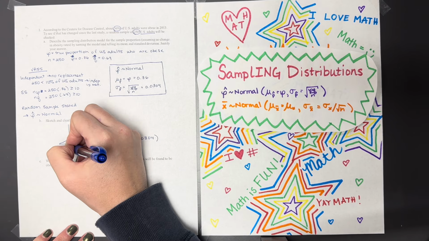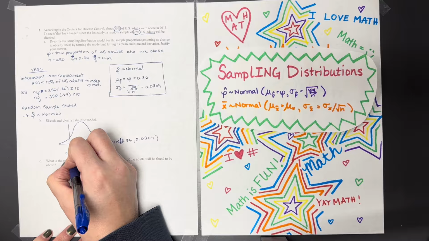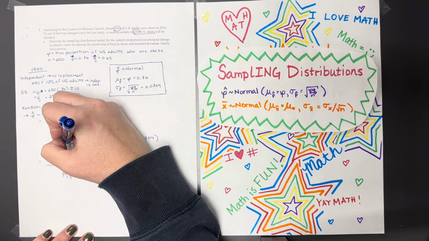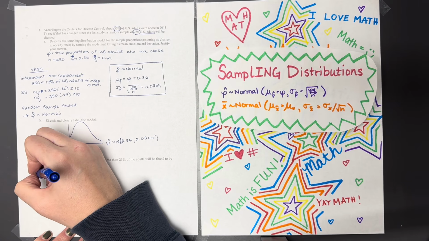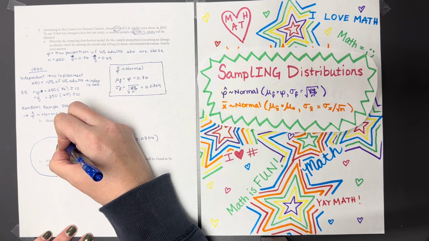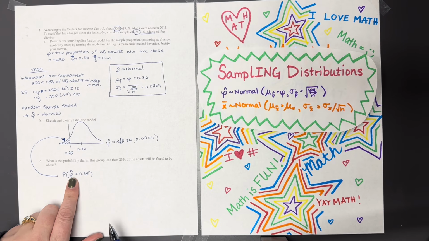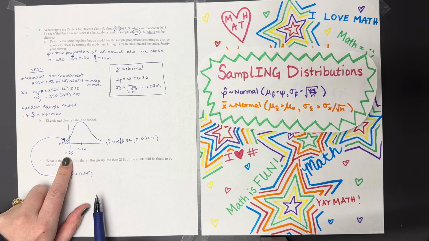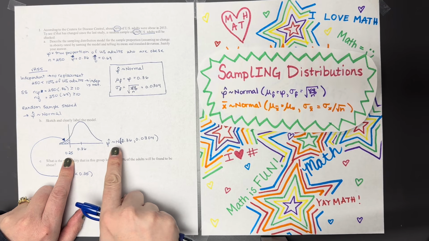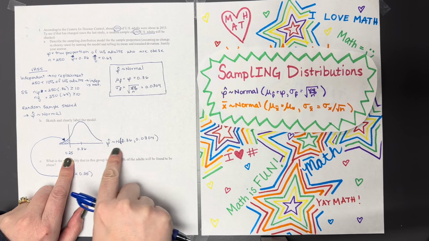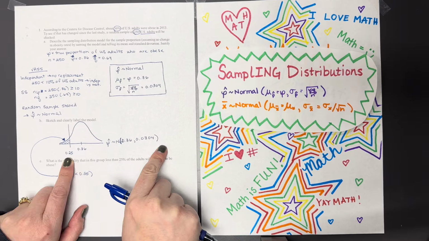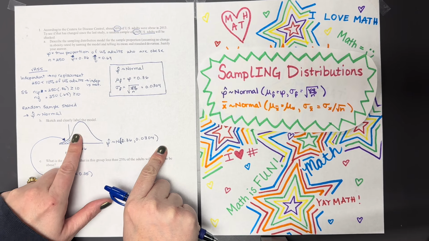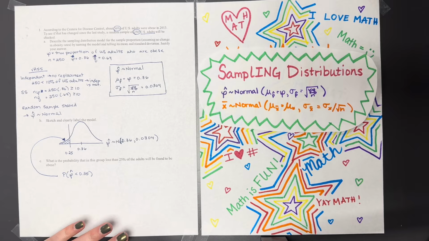In my model, that looks like this area here. So the probability that a sample proportion will be less than 25%, given that this is the true distribution, we can calculate using this. So you have some options.